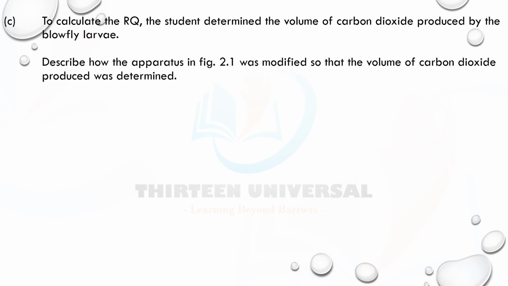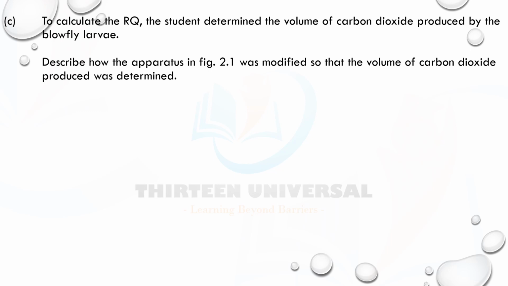1 mark. To calculate the RQ, the student determined the volume of carbon dioxide produced by the blowfly larvae. Describe how the apparatus in Fig 2.1 was modified so that the volume of carbon dioxide produced was determined. Pause the video and try it.